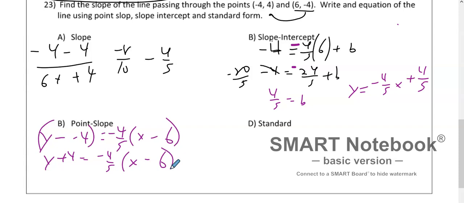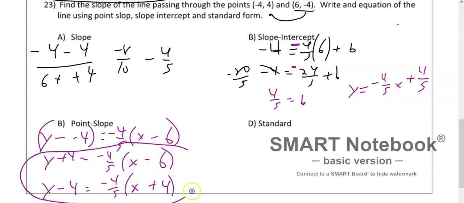And if I would have used the other point, it would have simply been y minus 4 equals negative 4 fifths, x plus 4. So either one of those would have been appropriate, depending on which point you used.